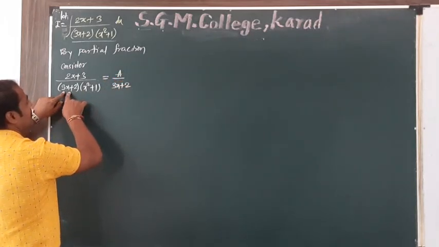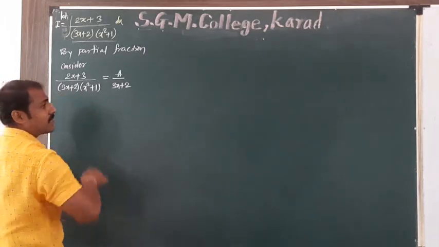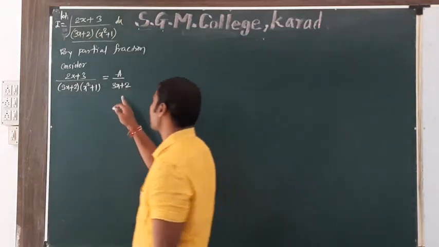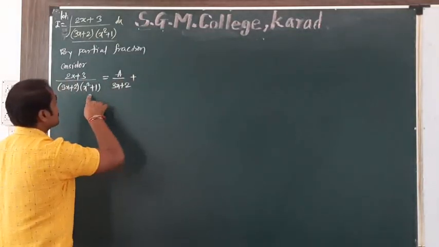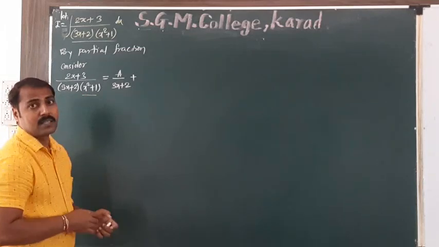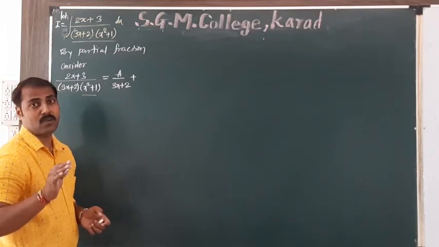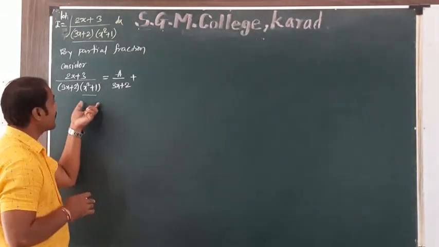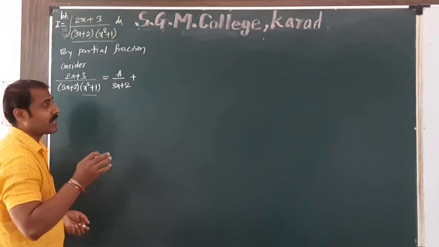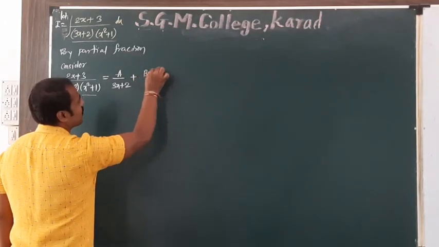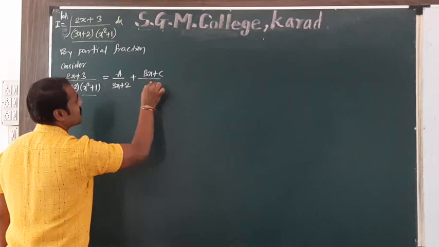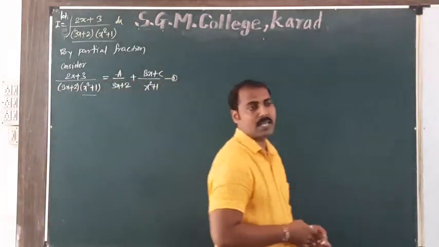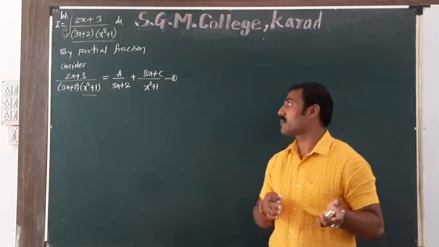Since degree of denominator is 3, there are 3 constants. So first one is a divided by 3x plus 2, plus for the factor x square plus 1, which is an irreducible quadratic equation and cannot be reduced, I can write its corresponding partial fraction as bx plus c divided by x square plus 1, which is our equation number first, where a, b, c are constants which we have to find.